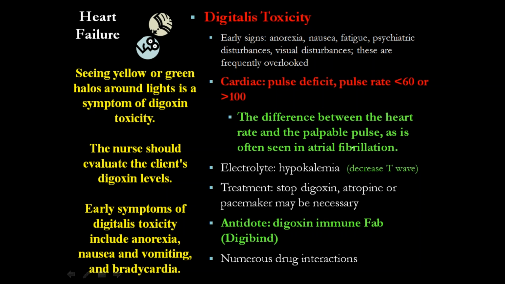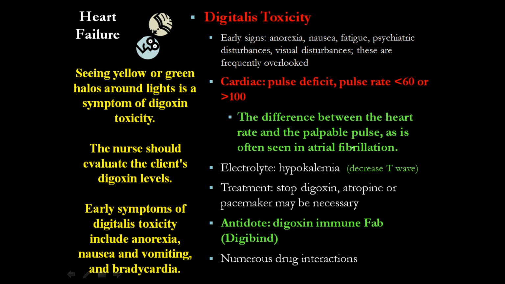Okay, so the first sign of alert of digoxin toxicity is not going to be the halos; it's going to be, for example, the loss of appetite and a slight bradycardia. Those are the first signs of elevated digoxin in the blood. So now when you have halos, where you see some green or red around, that means you need to definitely check lab tests for the values of digoxin.